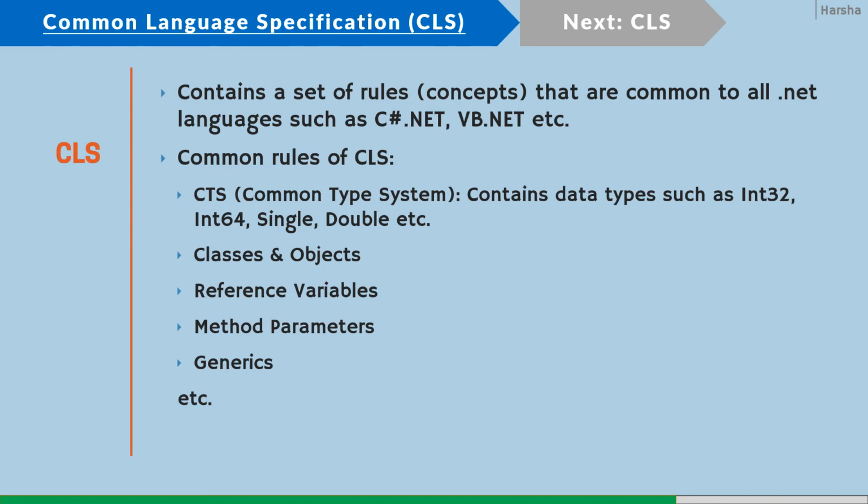For example, in C# there is a data type called int, and in VB.NET there is a data type called Integer. For both C# int and VB.NET Integer, the underlying CTS data type is Int32. Like this, CTS provides a set of data types based on which C# and VB.NET data types are developed individually.